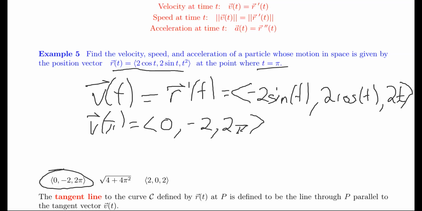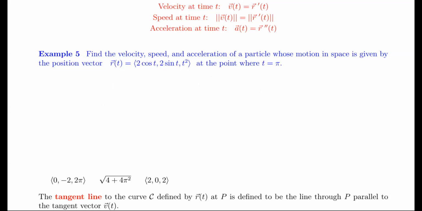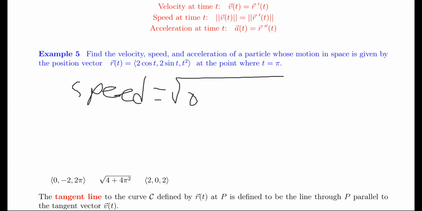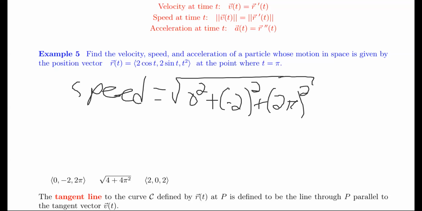Then we want to take that velocity vector and find its magnitude. That will give us the speed. So the speed is equal to the magnitude of that vector. So we get the square root of 0 squared plus negative 2 squared plus 2 pi squared, and all of that is equal to the square root of 4 plus 4 pi squared, which is here.